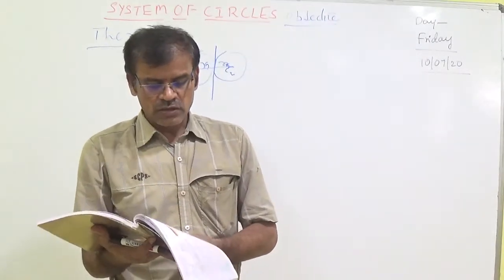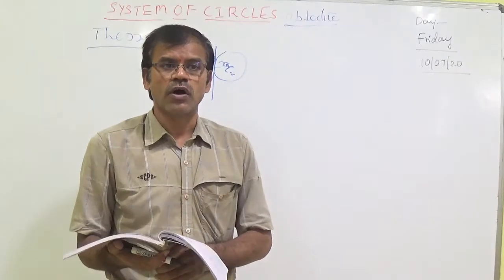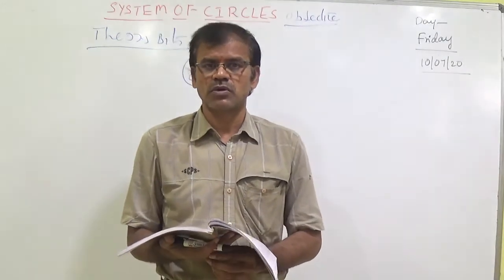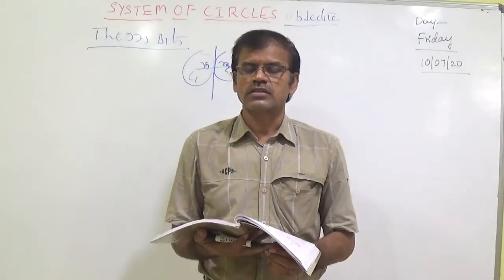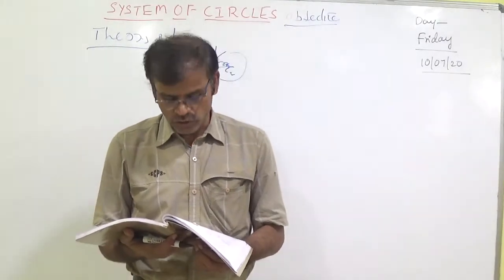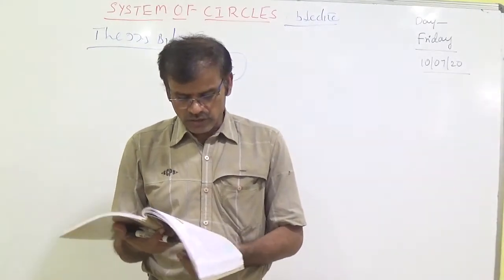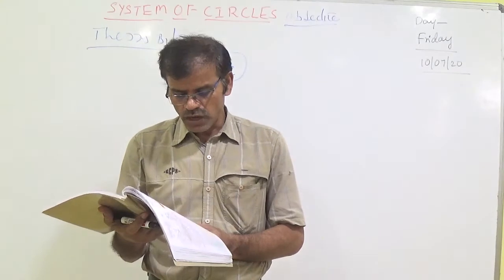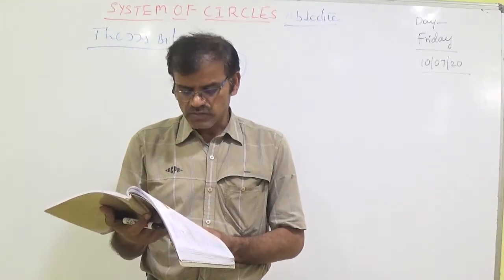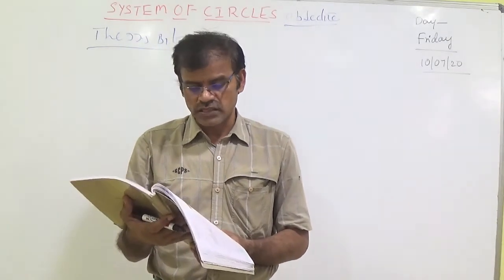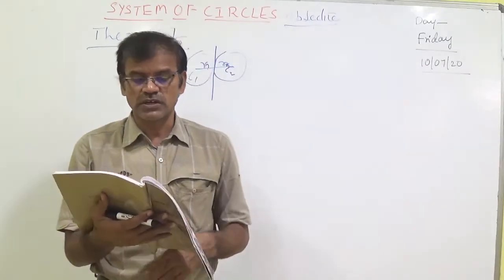Fifth question: I said the formula 2R1R2 by root of R1 square plus R2 square for the length of the common chord if two circles are orthogonal. So here, according to the answer, 2rR by root of r square plus R square is the length of the common chord. Fifth question, third option.